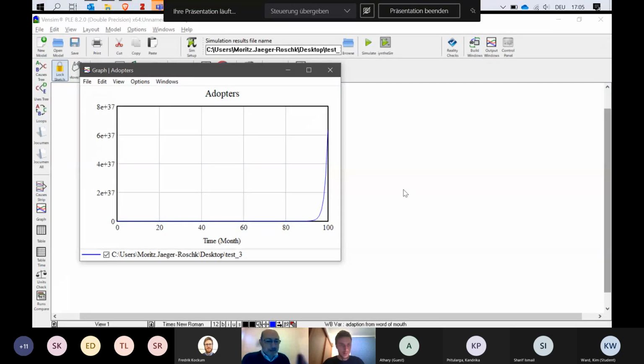Right, we can see that first, we don't want to run it for 100 months. Here are some of the basic debugging aspects of the modeling process. If this is 100 months, what we are assuming is that every adopter talks to 20 friends every month, and from that contact, they have a 5% success rate.